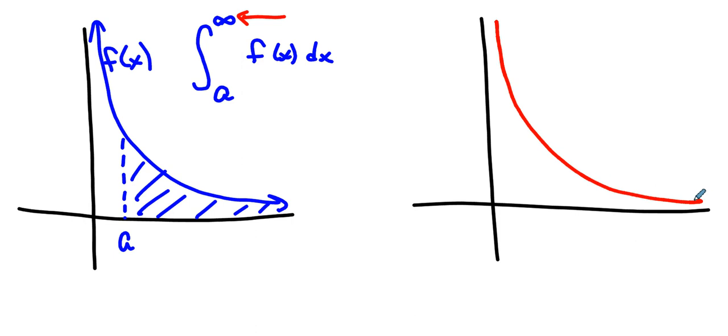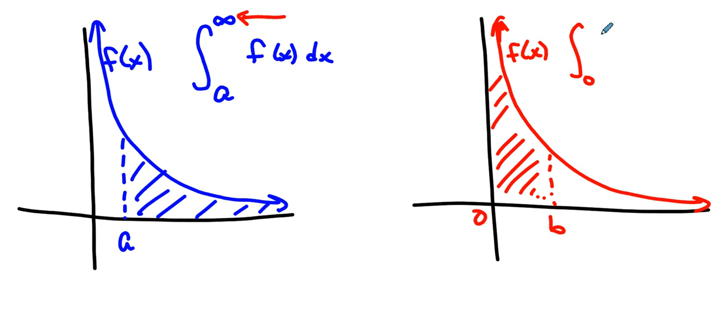Let's pretend that you have some function like this. It's not hard to imagine a function like that. We know plenty of them. And we're interested in figuring out the area to the left of b, but to the right of this vertical asymptote.